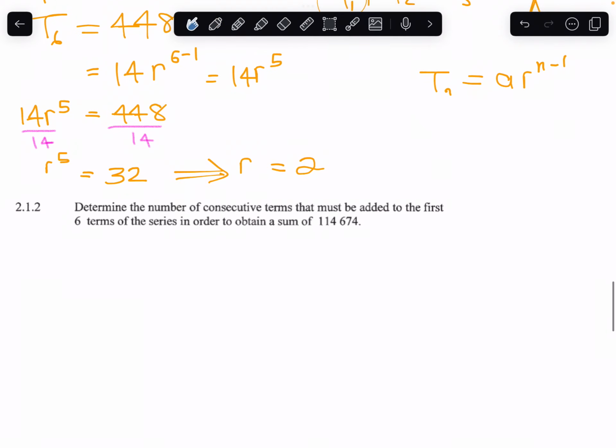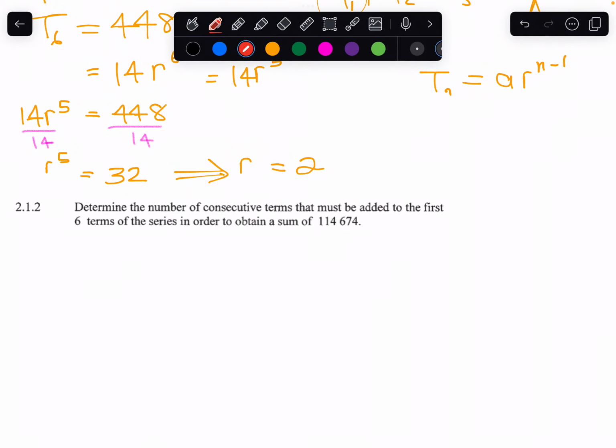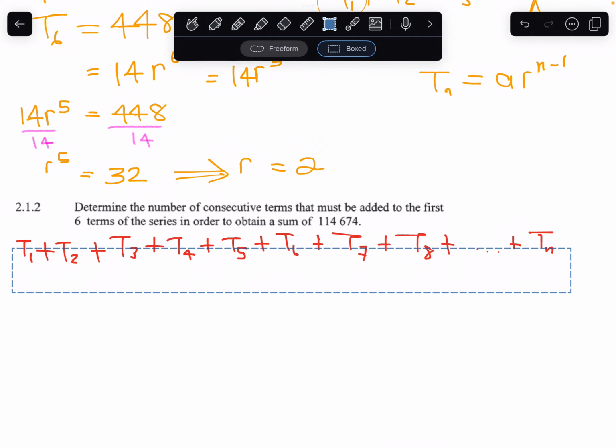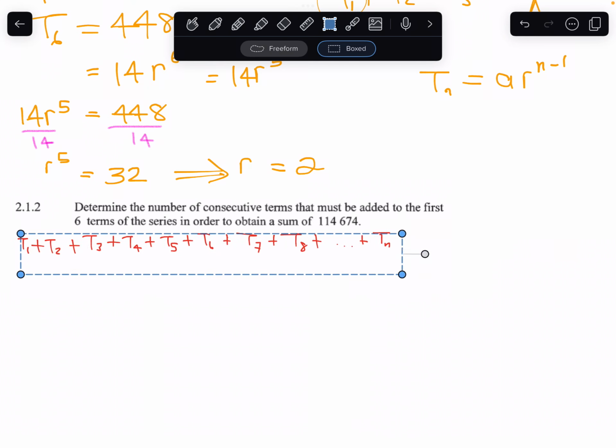Essentially we've got term 1 plus term 2 plus term 3 plus term 4 plus term 5 plus term 6 plus term 7 and term 8 and so on, until this last term.